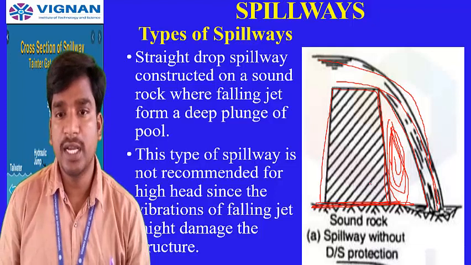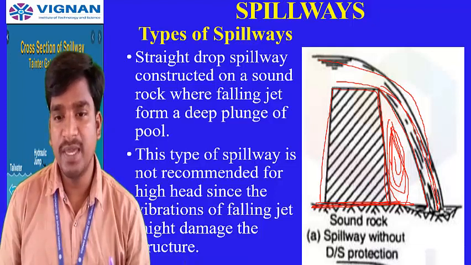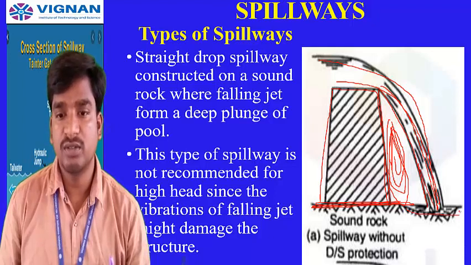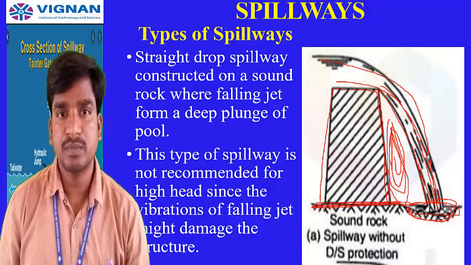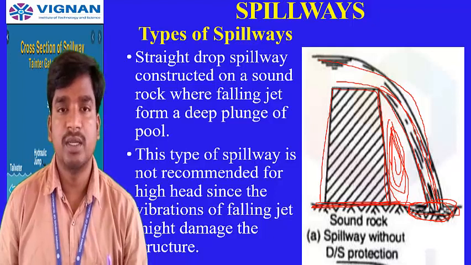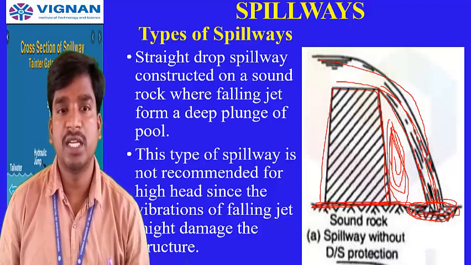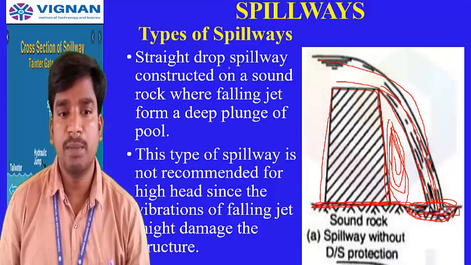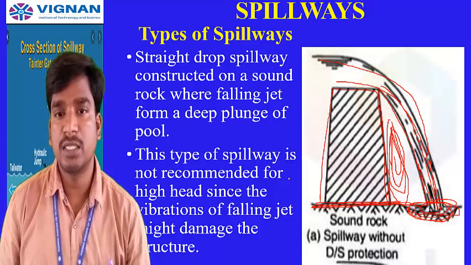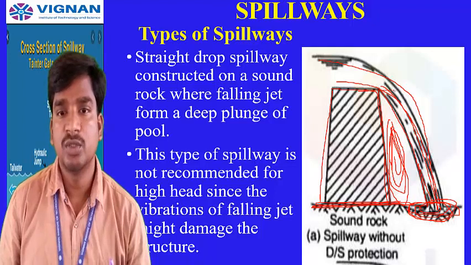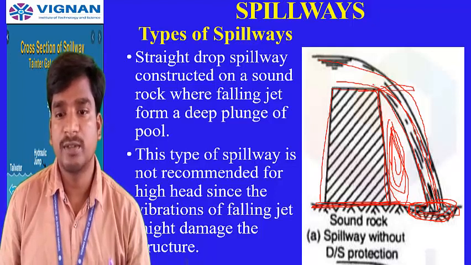Under continuous impact of the jet, the downstream land where it touches may get damaged. This kind of problem will be there in vertical drop spillways. This can be avoided by adjusting, like we can provide some overhanging portion like this.